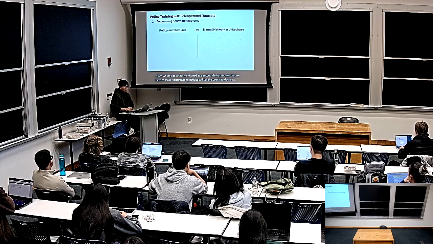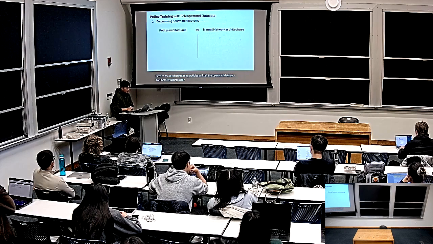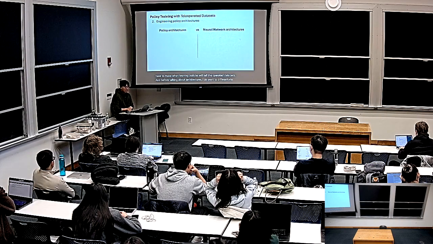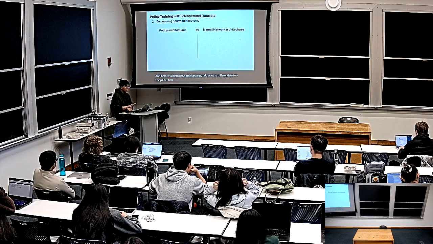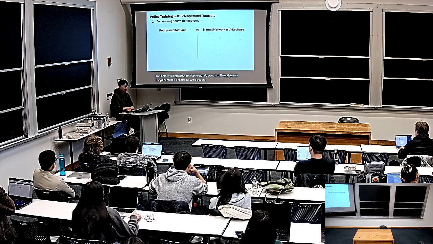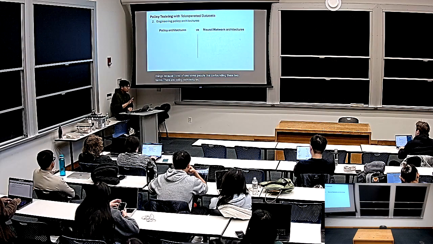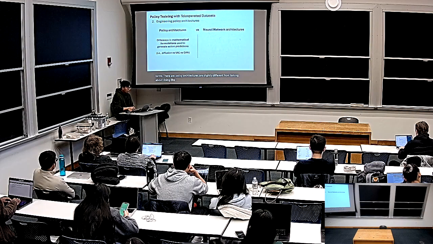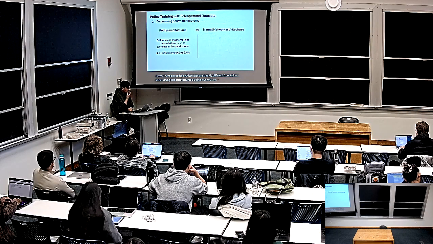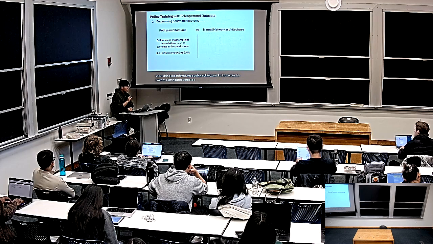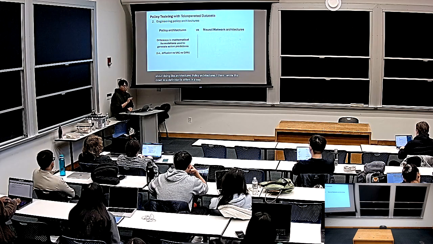Before talking about architectures, I want to differentiate two things, because I saw some people confounding these two terms. Policy architectures are slightly different from neural network architectures. Policy architectures, I wrote this down as a definition, differ in the mathematical formulations used to generate action predictions.